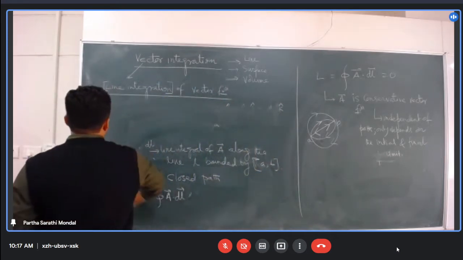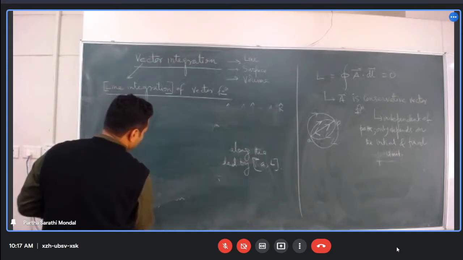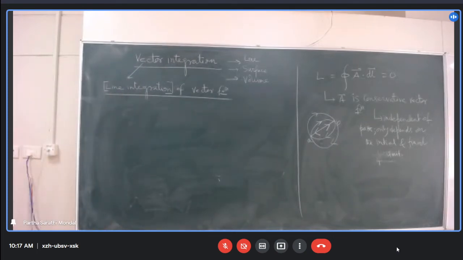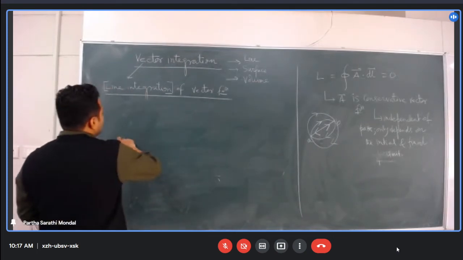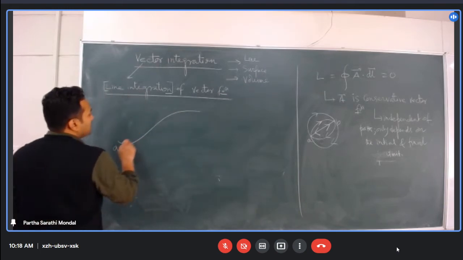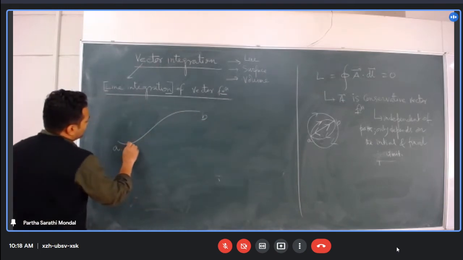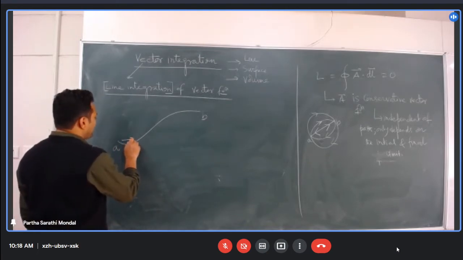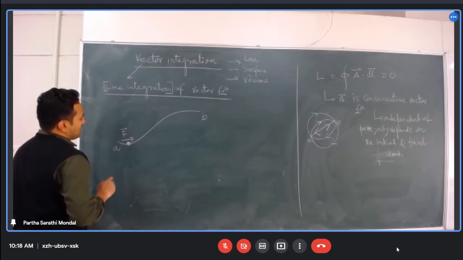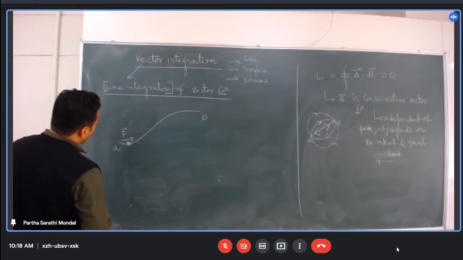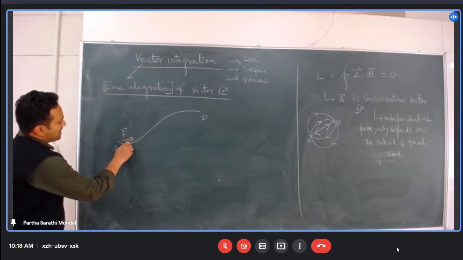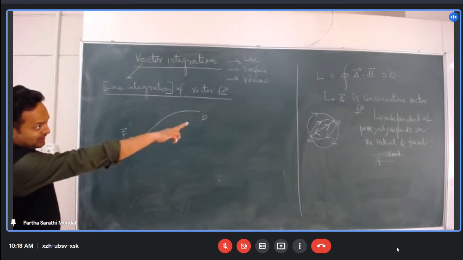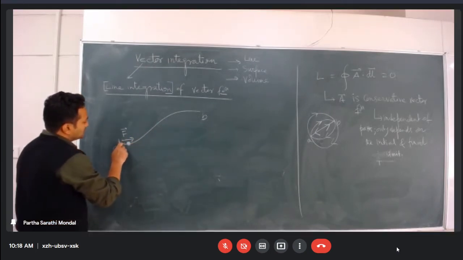The example of line vector integration is work done. Suppose you have a line A to B, and you have some particle to which you have applied a force, and now we want to calculate the work done to push this particle from A to B. Then what do we have to do? First we have F dot dl.